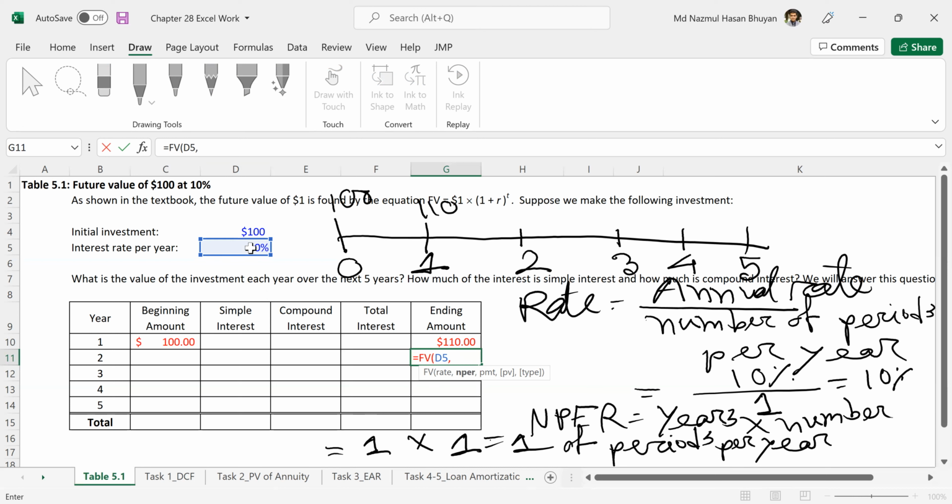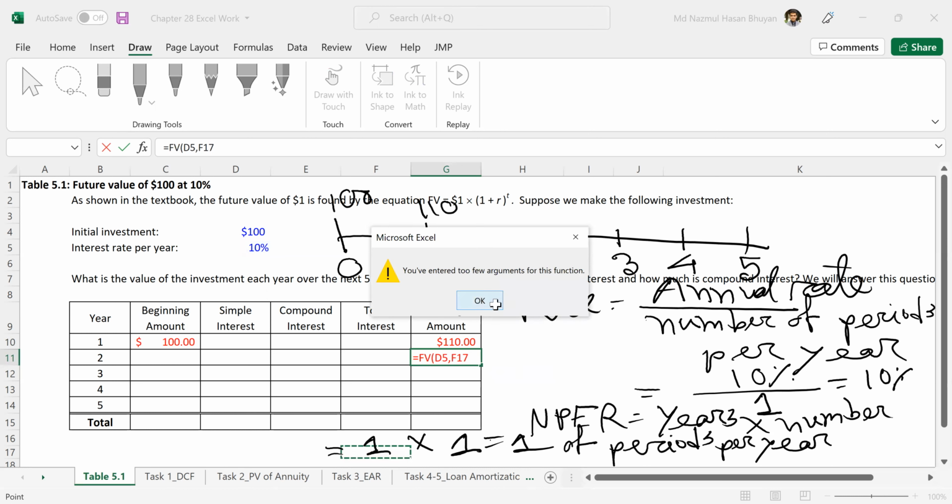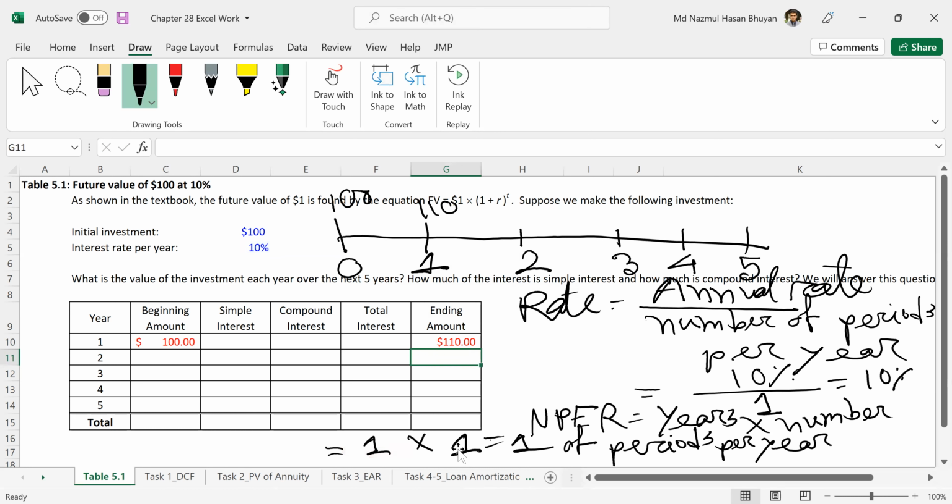You have in total 2 years, and then number of time periods per year is 1. So 2 times 1 equal to 2.